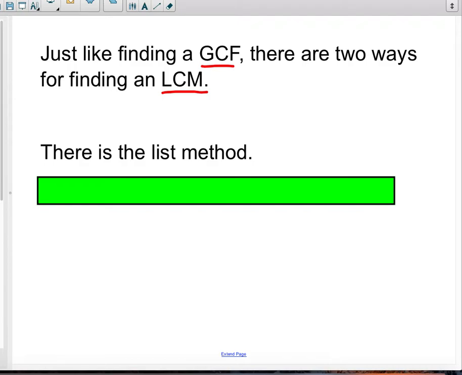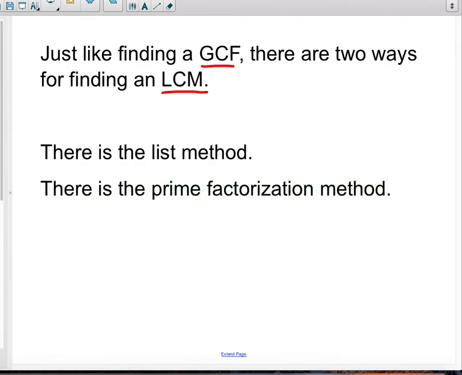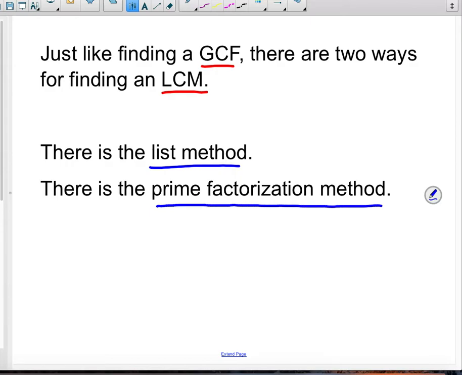And you can probably guess the next method. It is the prime factorization method. These are the 2 ways that you can find LCMs for numbers. So now we're going to take a look in the book and see how the book talks about finding a least common multiple.